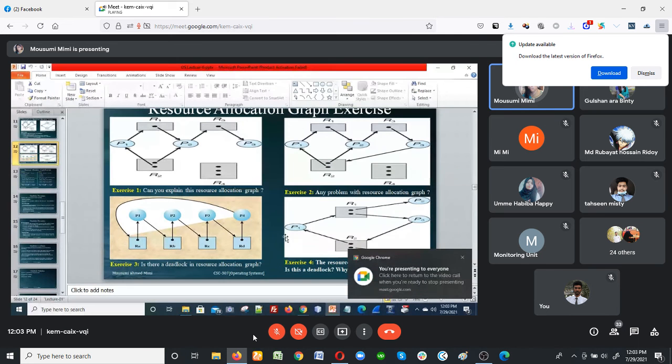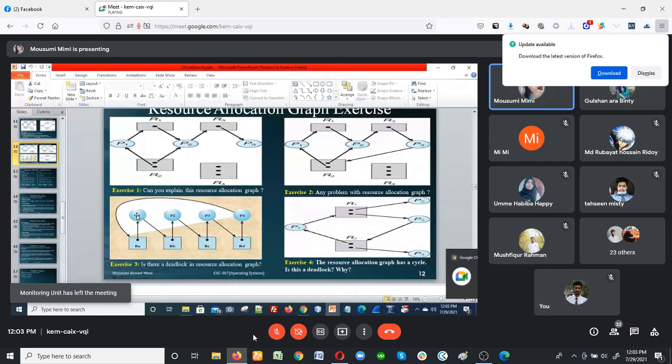In this diagram you can see that process 1 holds resource 1 but requests resource 2. Process 2 holds resource 2 but requests resource 3. Process 3 holds resource 3 but requests resource 4. And process 4 holds resource 4 and requests resource 1.